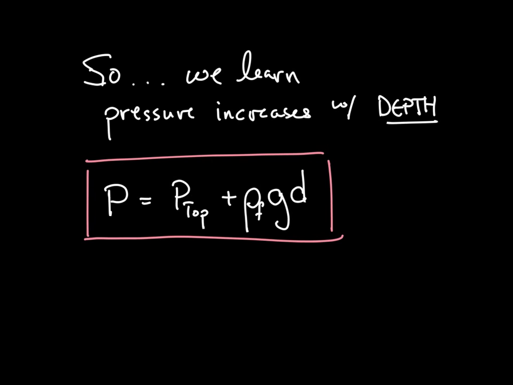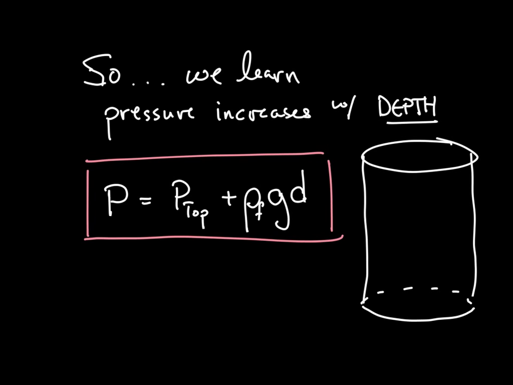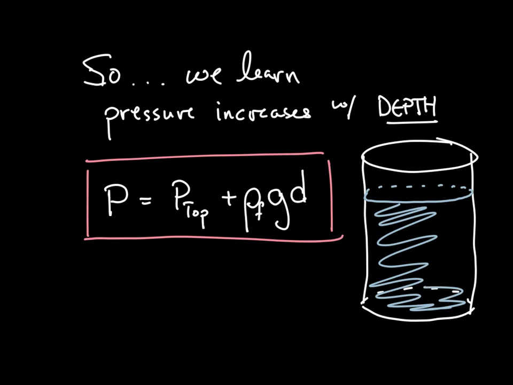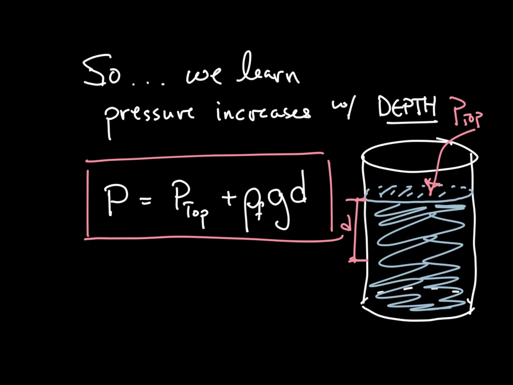It actually turns out that if I have a fluid, any sort of container, let's say it's holding some liquid, and if I know the pressure at the top, and I know how far down from the top we're going, at all depths along here, it will have the same pressure, which will equal the pressure down here.